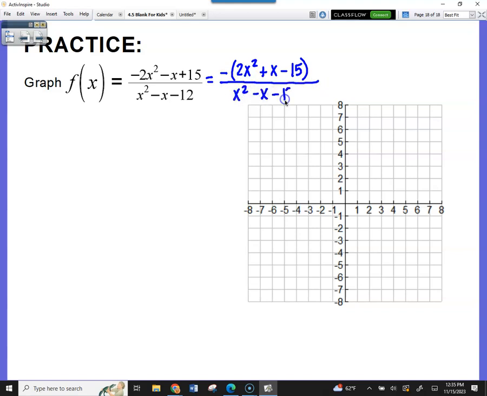Notice all I did was pull that negative to the front. You don't want to throw it away. It's still part of the function. It's just that now we're tweaking the numerator so that we do have a positive lead coefficient. Okay, now A times C would be -30 that adds up to +1.